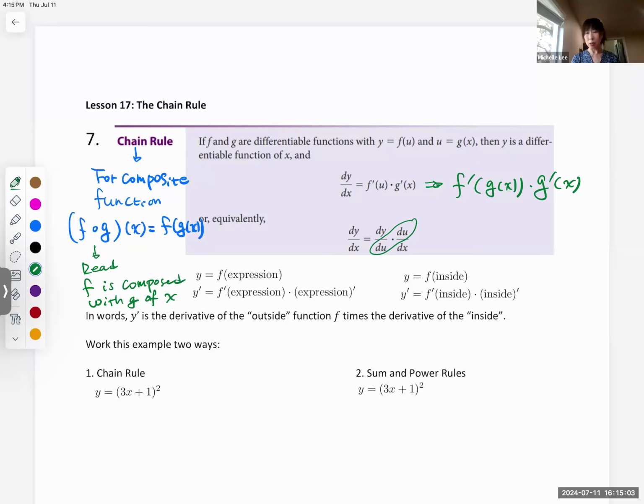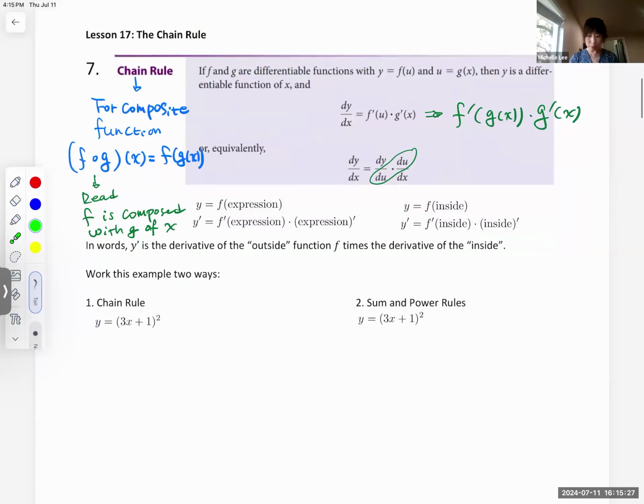So that is how we simplify, and then we have dy over dx. Once again, we have y equals f of expression, then f prime of expression times derivative of expression. I like this one better: y equals f of inside, then when you take the derivative, f prime of the outside, keep the inside, and times the inside prime.